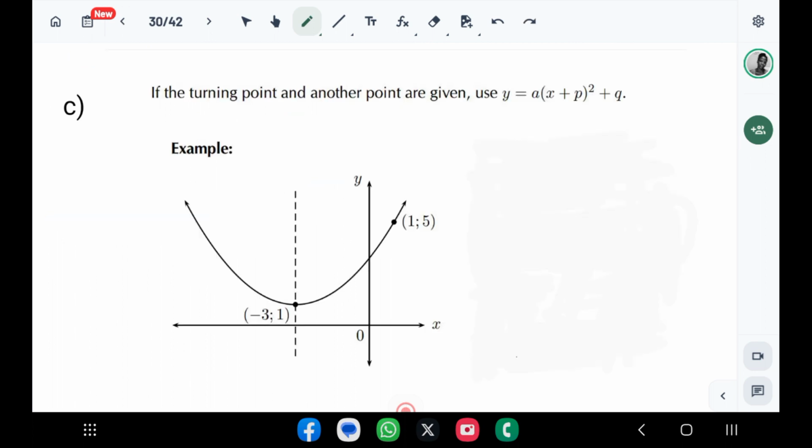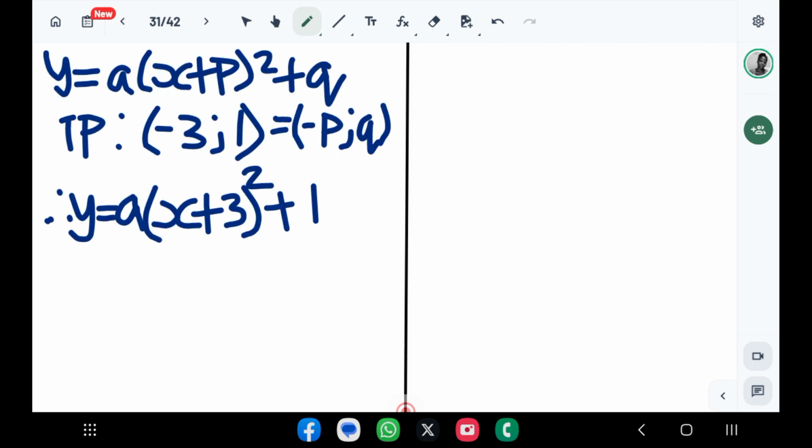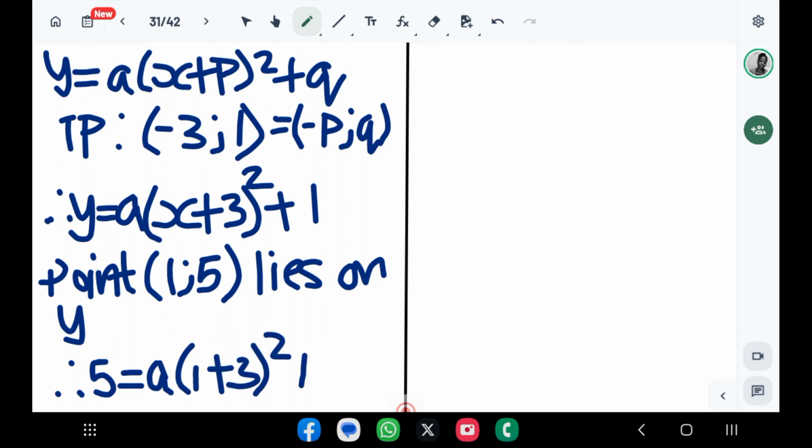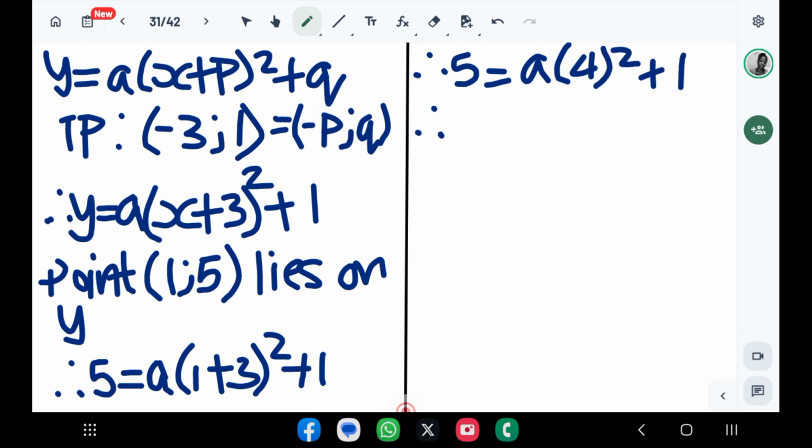The other point, 1, 5 lies on the graph. Point 1, 5 lies on y. Therefore, 5 equals a in bracket 1 plus 3 all squared plus 1. Therefore, 5 equals a times 4 all squared plus 1. We know 4 all squared is 16. Take the 1 to the left hand side.